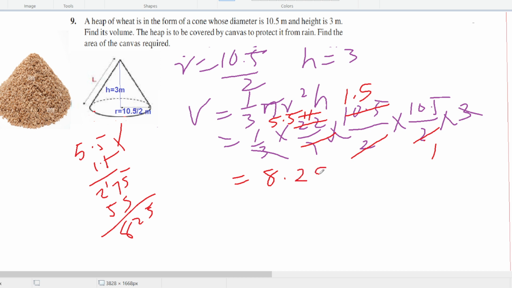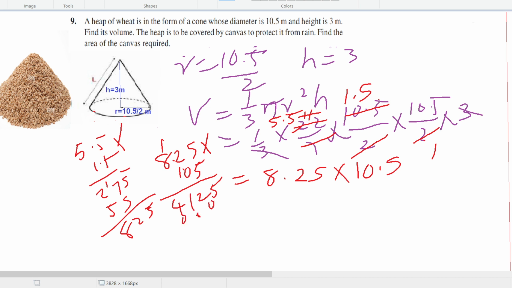So 8.25. This 2 we multiplied, this 2 we multiplied. Now we have to multiply it with 10.5. So 8.25 into 10.5. Ignore the decimal point and multiply. After that we'll put the decimal point.